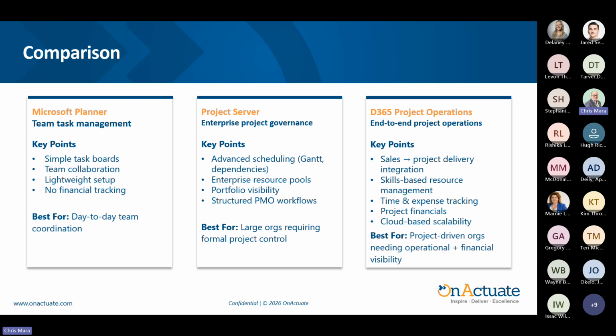Choose Microsoft Project Server when the priority is enterprise project guidance, advanced scheduling, enterprise resource pools, portfolio visibility, and structured PMO workflows. And finally, choose Dynamics 365 Project Operations when you need end-to-end project operations, sales to delivery integration, skills-based resourcing, time and expense, and project financials. This is ideal when leadership needs operational and financial visibility.